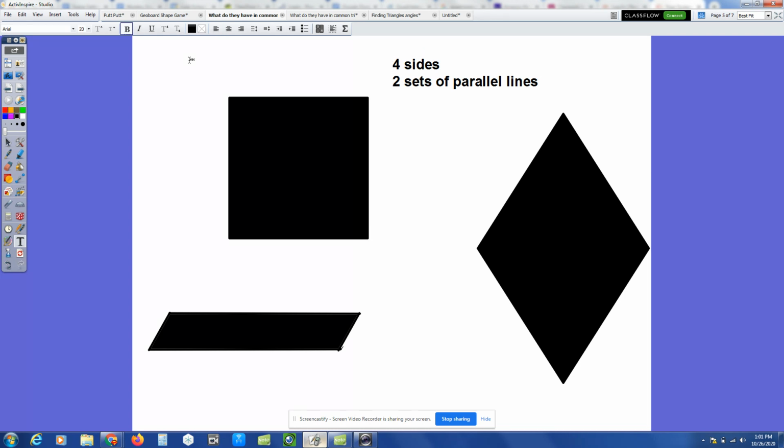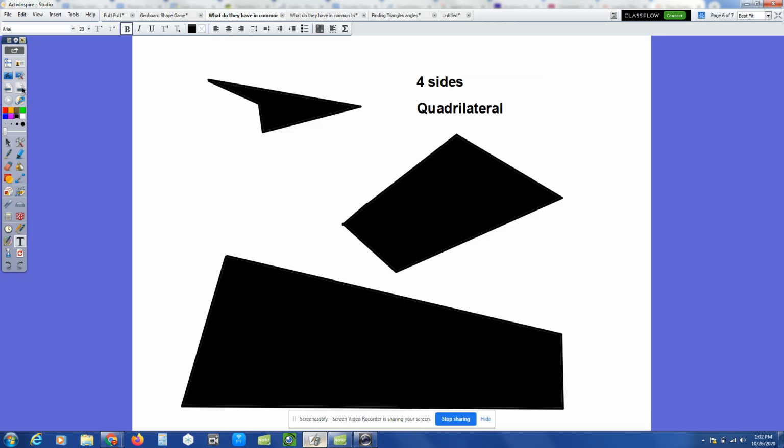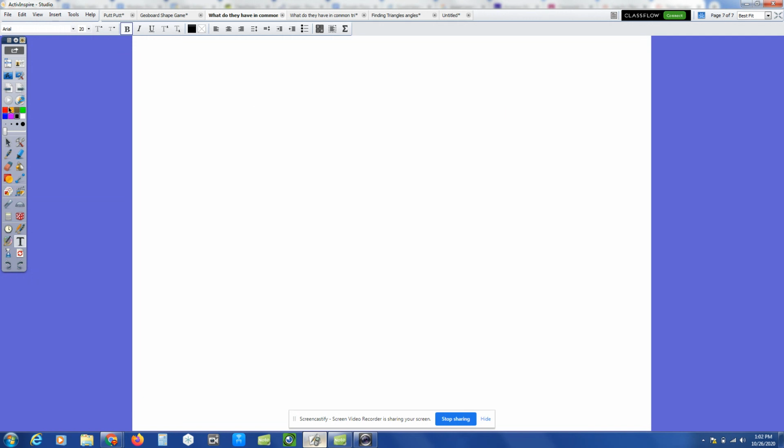If it's four sides and all their lines are parallel, that's called a parallelogram. Parallelogram. Any shape where all the sides are parallel is a parallelogram. All right. And that's all.